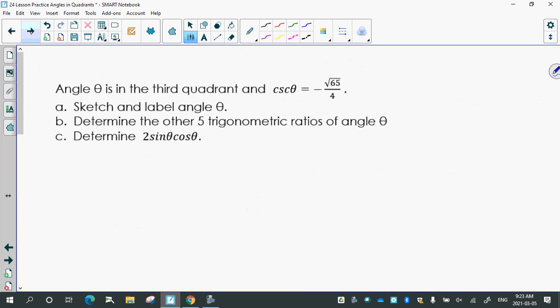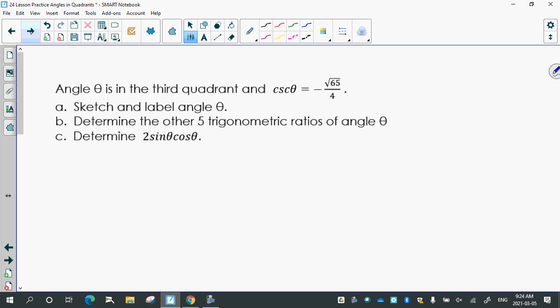Angle theta is in the third quadrant, and cosecant theta is negative root 65 over 4. Sketch and label angle theta, determine the other 5 trig ratios, and determine 2 times sine theta times cos theta.